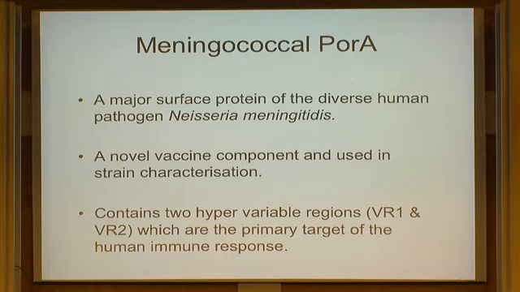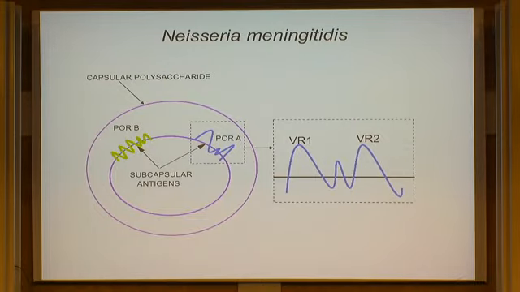And as I said, some of these proteins contain hypervariable regions, and within the protein itself, you can identify different regions which are hypervariable. That's certainly the case with porin A. So going back to my silly cartoon, if this is porin A sticking out of the membrane, porin A has loops, and on one loop you get this hypervariable region 1, and on another loop you get another epitope region, which is VR2, which is also hypervariable.